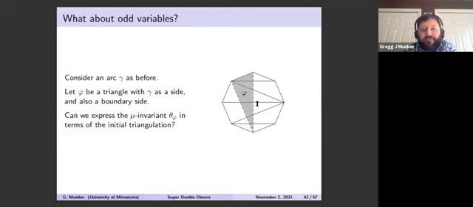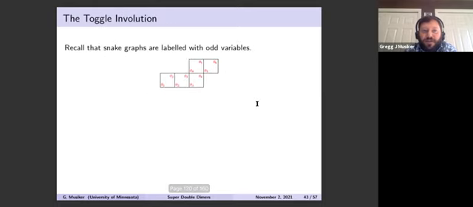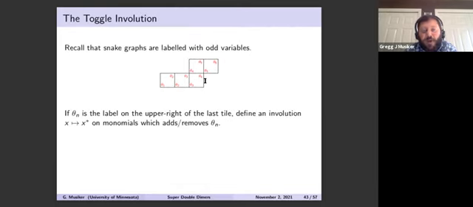But with that restriction in mind, we can express the mu invariant in terms of the initial triangulation. Recall that the snake graphs are labeled with the odd variables, like I wrote here. And there's a toggle involution that I have to define for you. Let theta n be the label of the upper right last tile. In this case, it's theta 6.